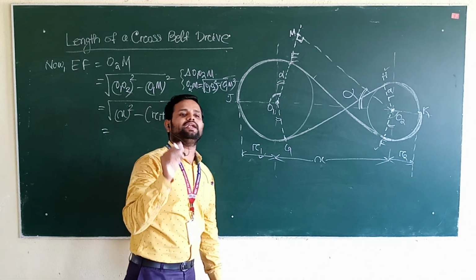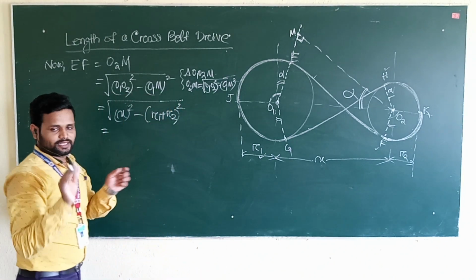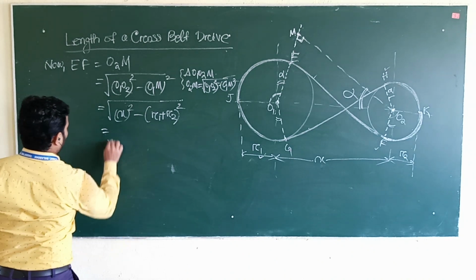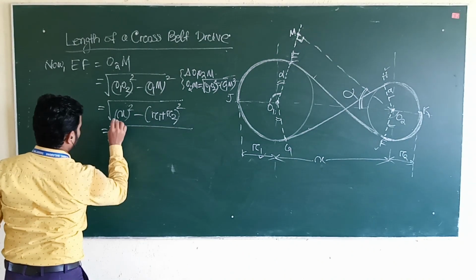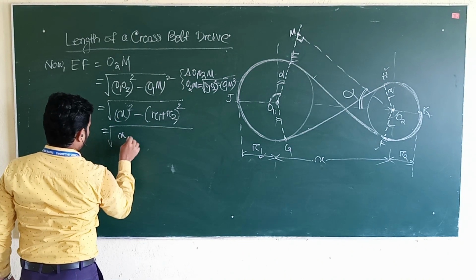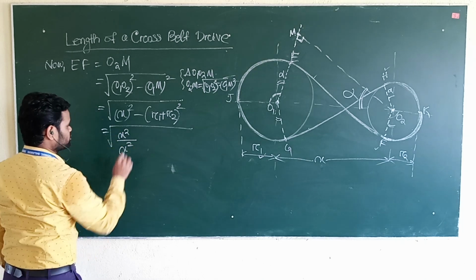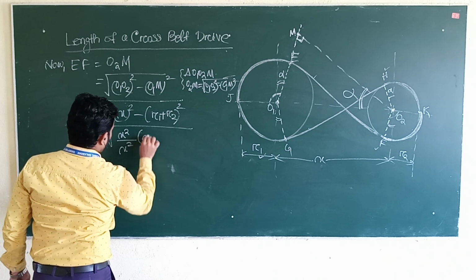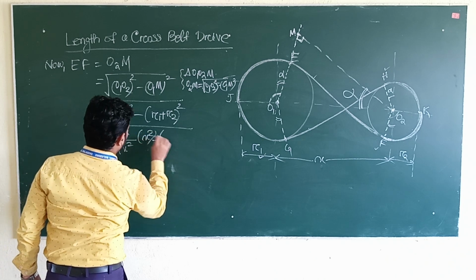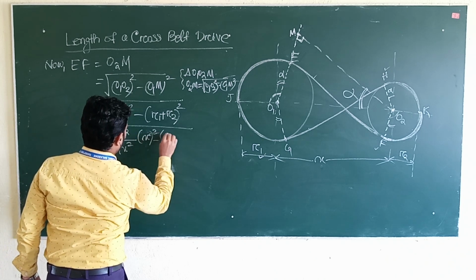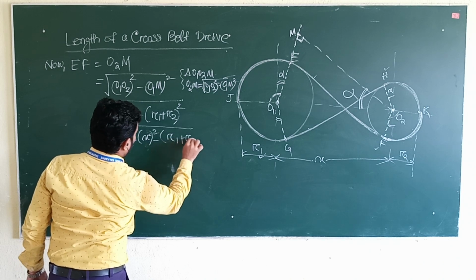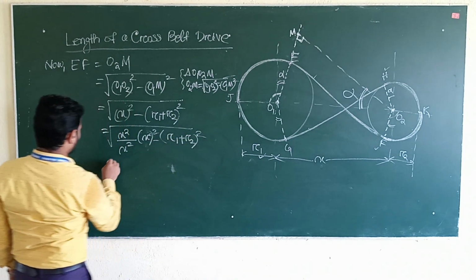Next, if we multiply by x square and divide by x square in each term, there will be no difference. So we get x square minus (R1 plus R2) square.